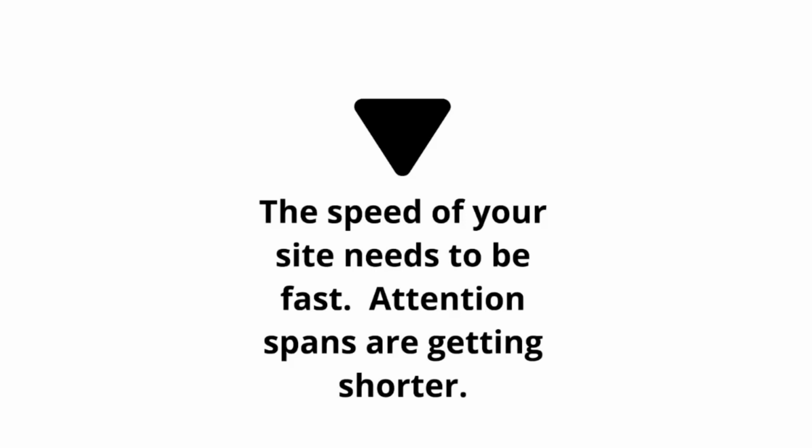The root cause of it all is that the speed of your site needs to be fast, and that's kind of a no-brainer. Attention spans are getting shorter and shorter, and that is why you need to look at that first.